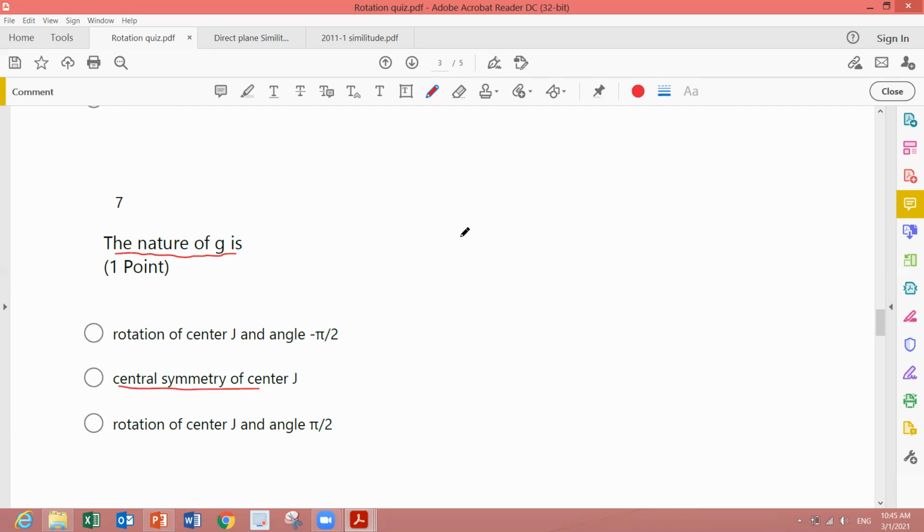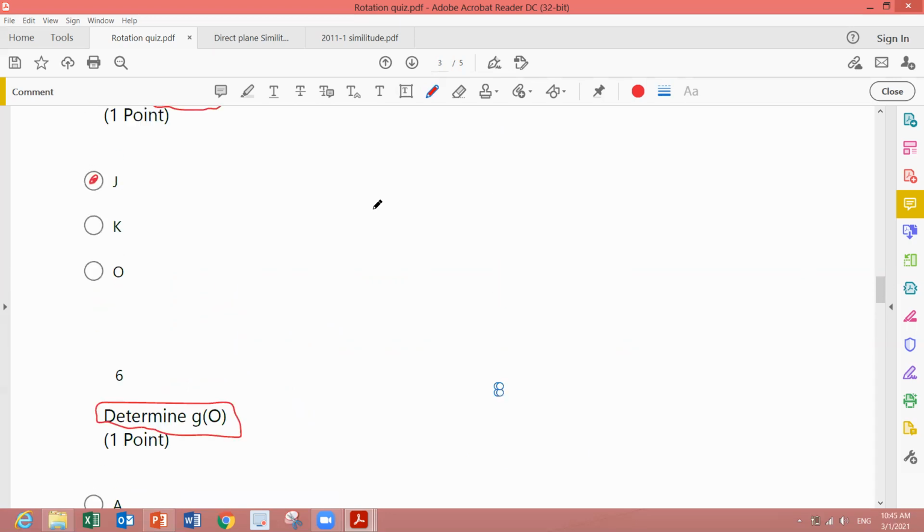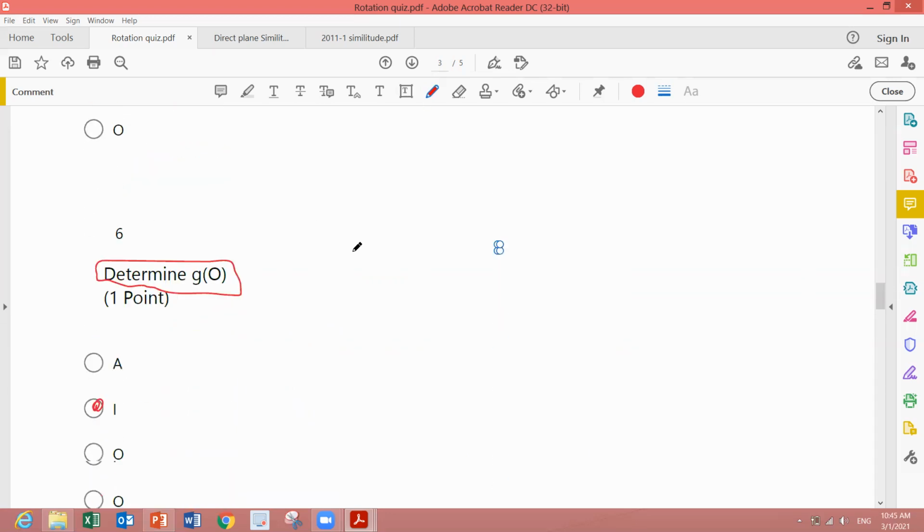What is the center? What is the angle? Center J and angle pi over 2. T round R gives a rotation of angle pi over 2. Which point is invariant by G? J. We saw here in the rotation that point J is invariant.